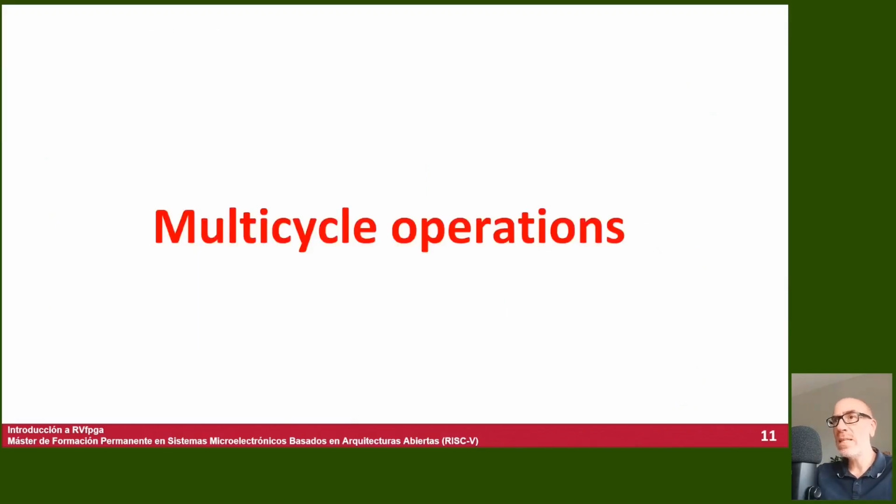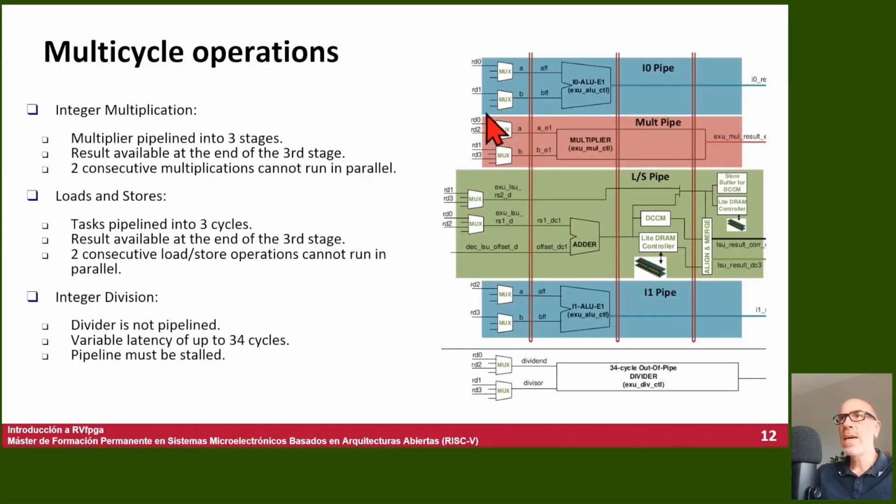EH1 also supports multi-cycle instruction execution. Integer instructions take one cycle, with ALU results in the first cycle, while other instructions and paths require more cycles. Specifically, loads and stores need 3 cycles: address calculation, memory access, and data alignment.